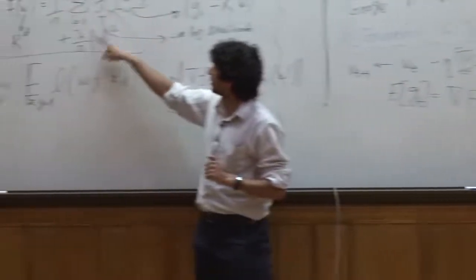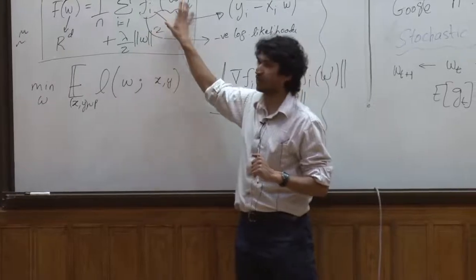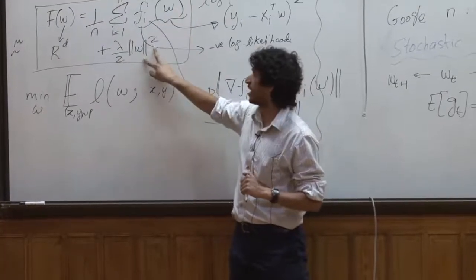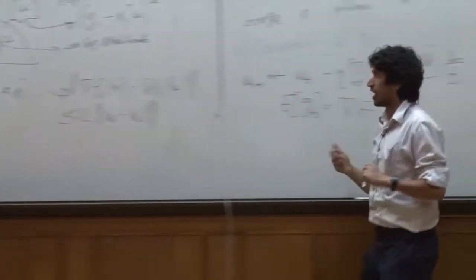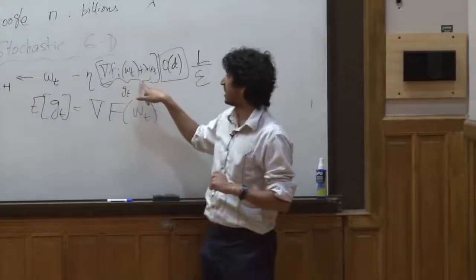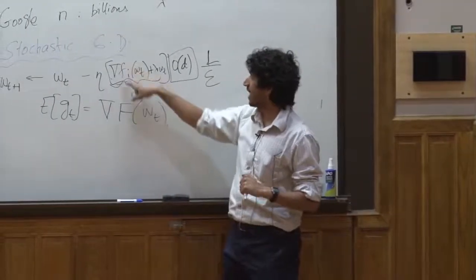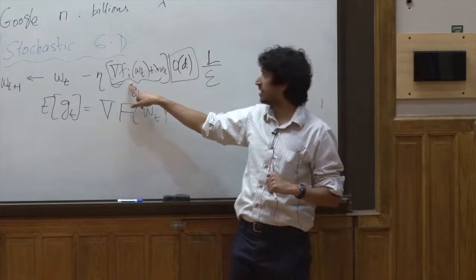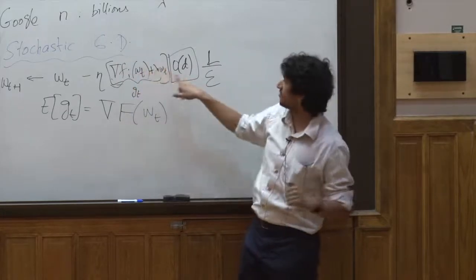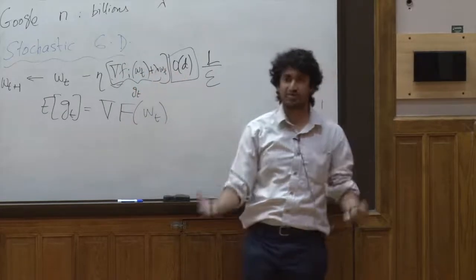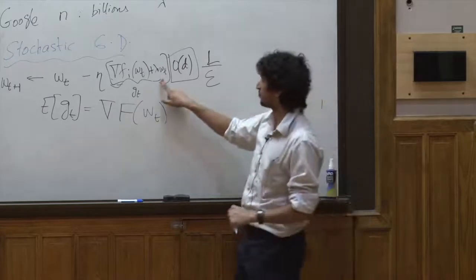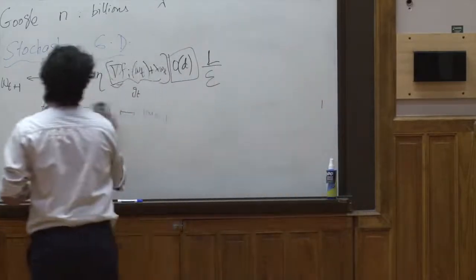I move in a direction where I differentiate one of these at random, but I also add lambda times wt. Now the expected value of this is just the average of all of these, and the average of lambda times wt is just lambda times wt itself. Let me write this down more explicitly.